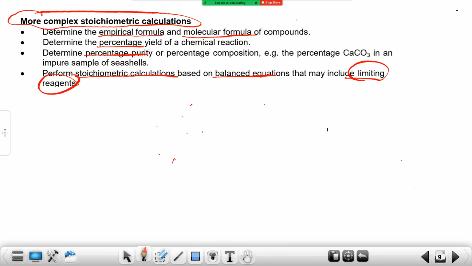Because what we do in grade 12 is assess everything from grade 10 to 12. So this section is more important because we use it everywhere in chemistry.